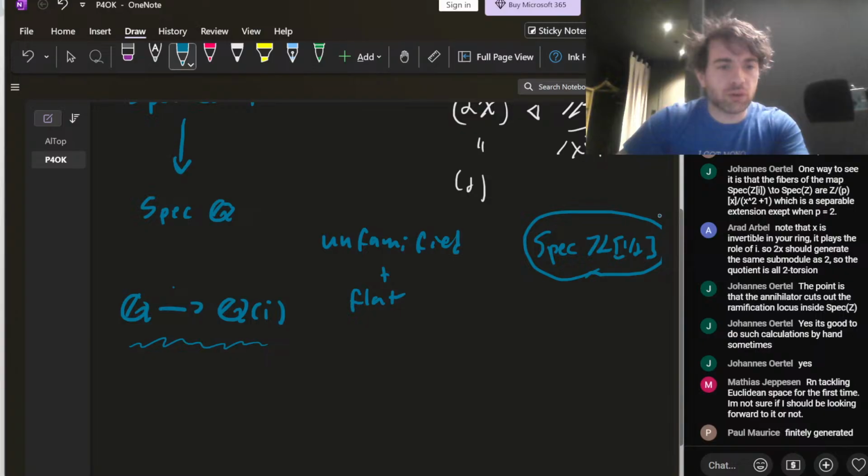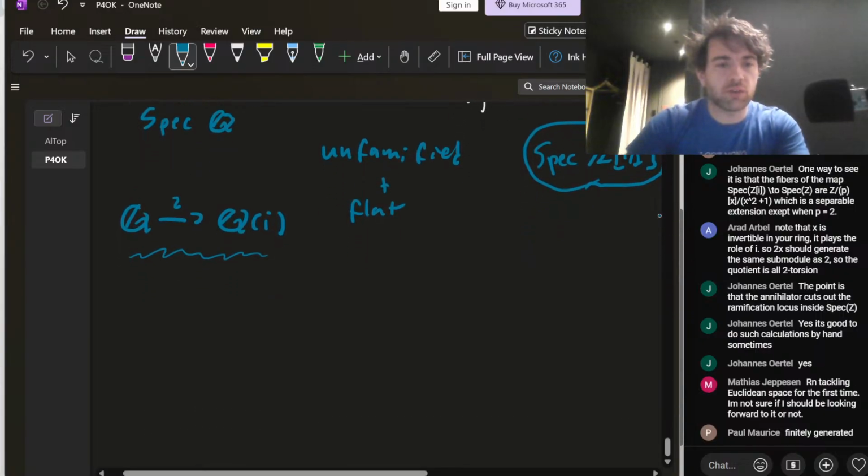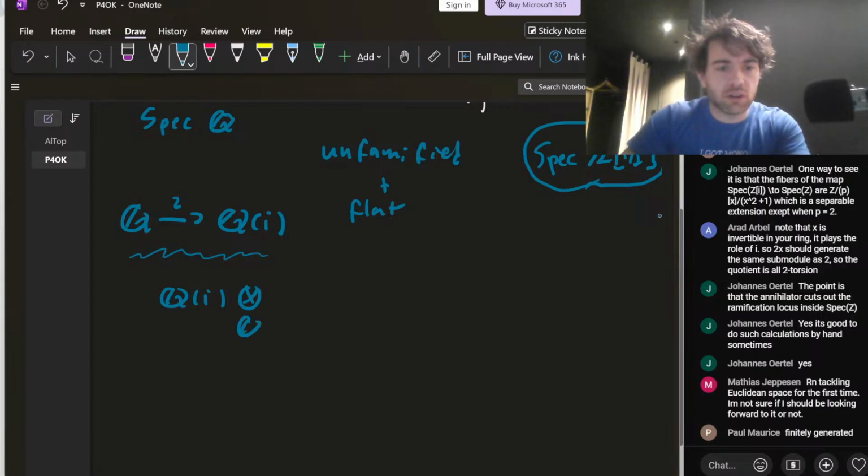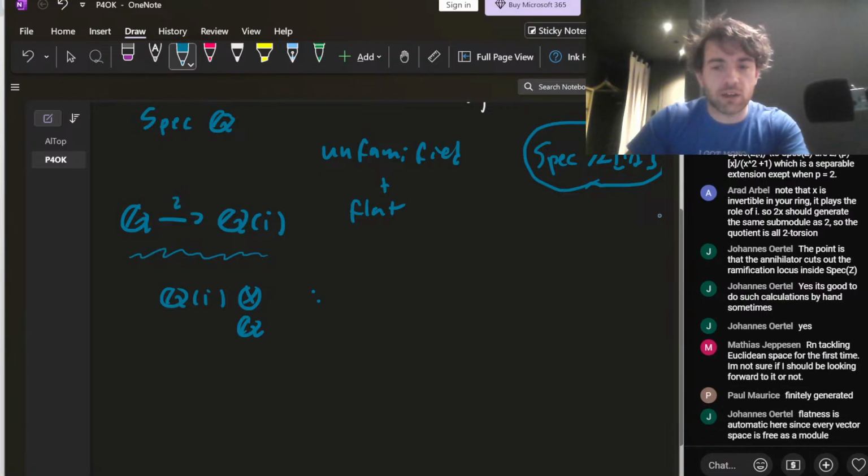Right, and so what that really means, to prove that this is flat, we just need to prove that the tensor product over here is exact as a functor from Q modules to Q(i) modules, right?